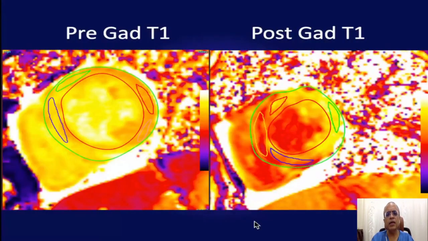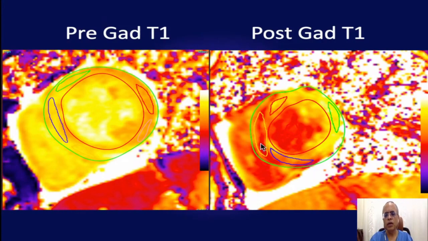And then we'll look at the T1 maps before giving gadolinium and after giving gadolinium. Now you know that the gadolinium will be trapped in the myocardium if the extracellular volume is high. So the gadolinium is there in the cavity. As we know, we can calculate the extracellular volume of the blood because we know the hematocrit.